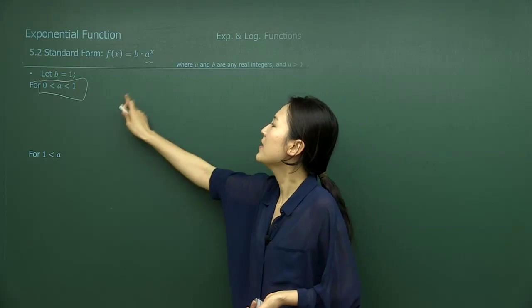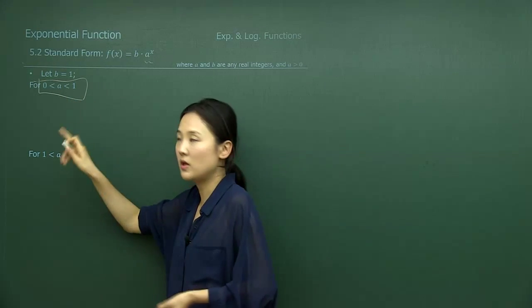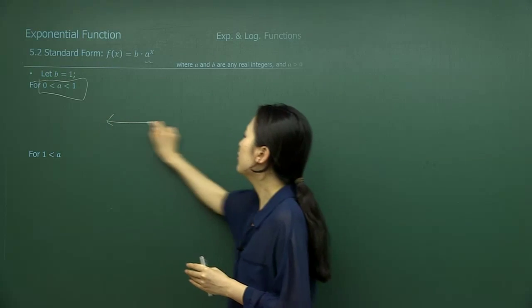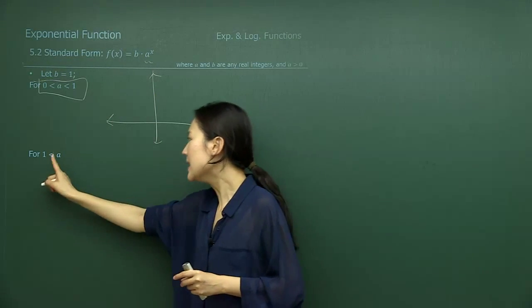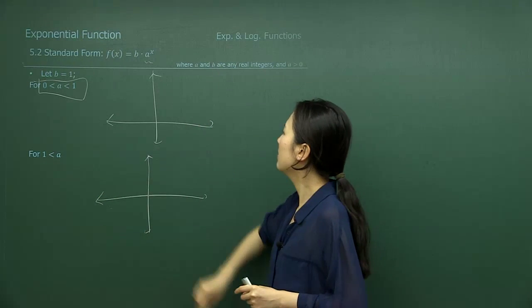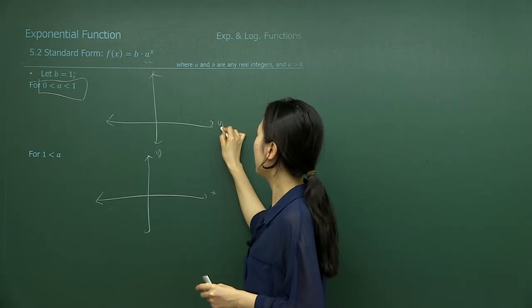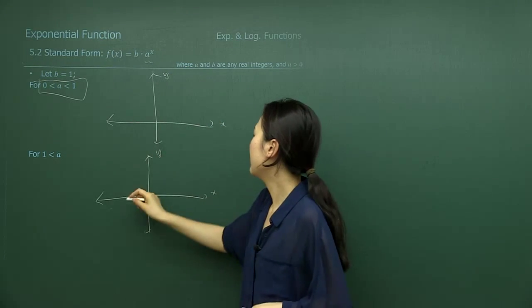Anyway, so if your base is in between 0 and 1, so it's positive but less than 1 technically, you will get a graph, and if the base is greater than 1, then you will get a graph that looks like this one, y and x, or f of x.